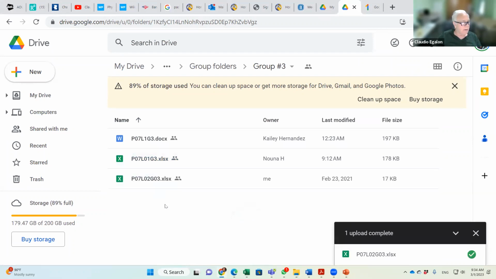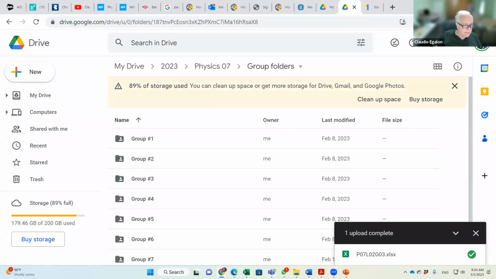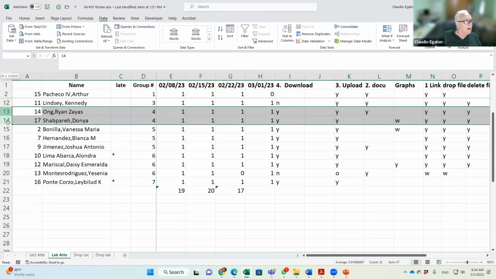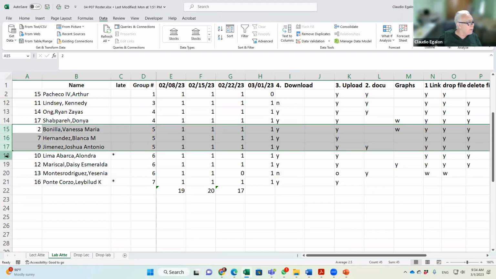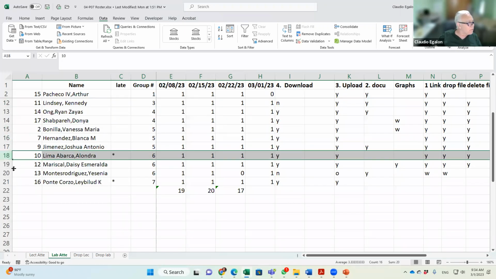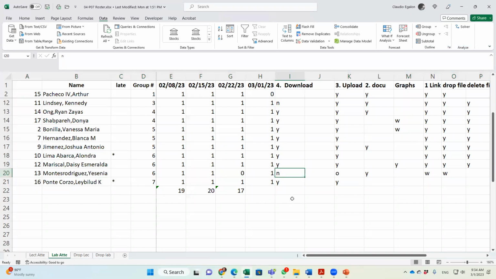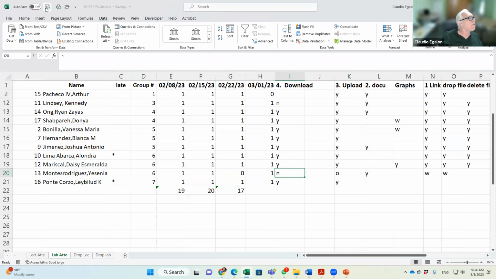Okay, file back there. Only one student in group 6 had problems, right? Okay, I can see the second document now, the second Excel. Good. It's just a matter of deleting it and re-uploading it. Sometimes that happens.